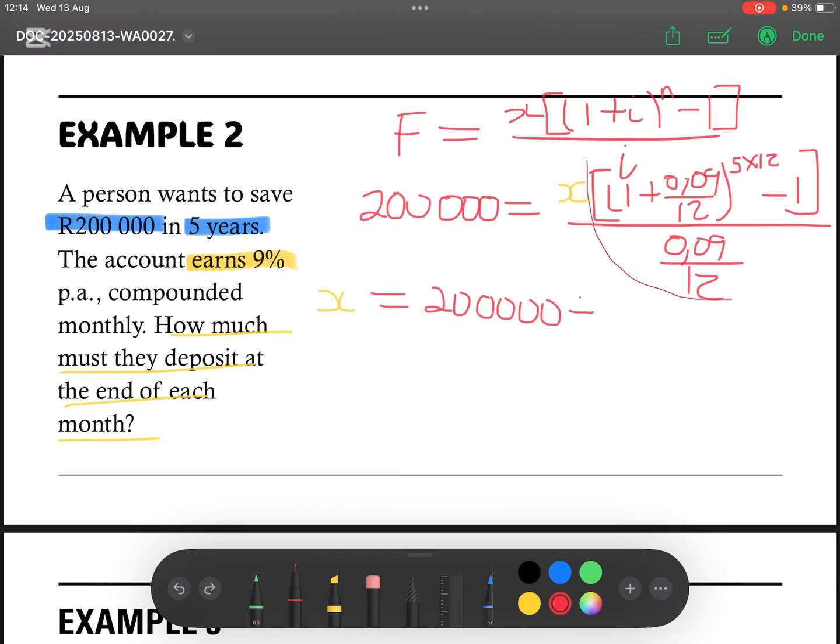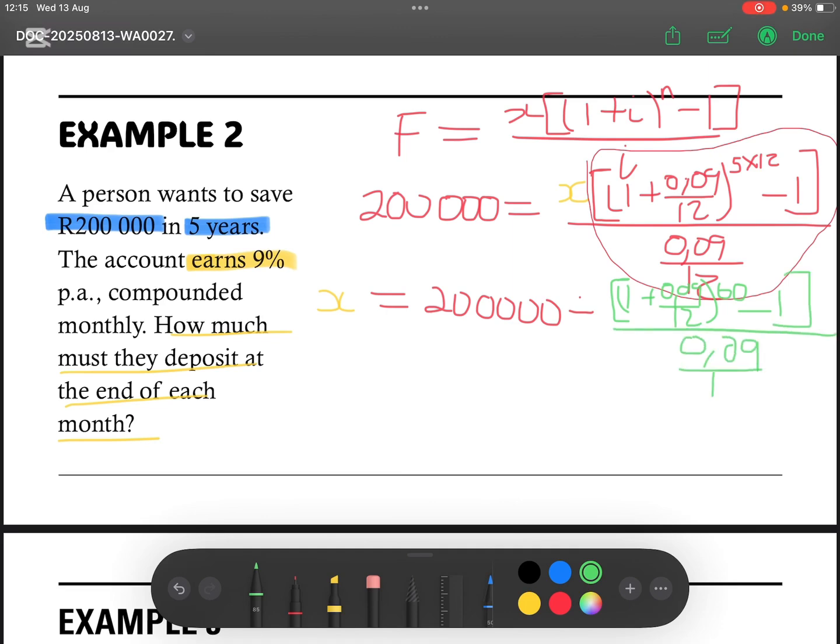So you're now going to divide by this. So now you'll have into 1 plus 0.09 divided by 12, and then to the power 5 multiplied by 12, that will give you 60. Then you'll have 60, subtract 1, and then everything divided by 0.09 divided by 12.